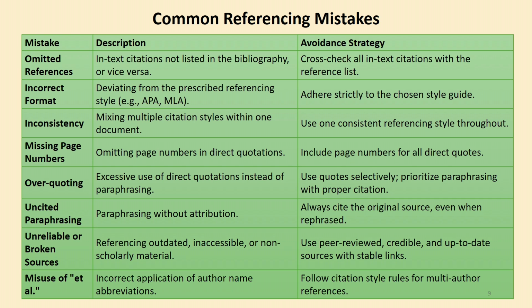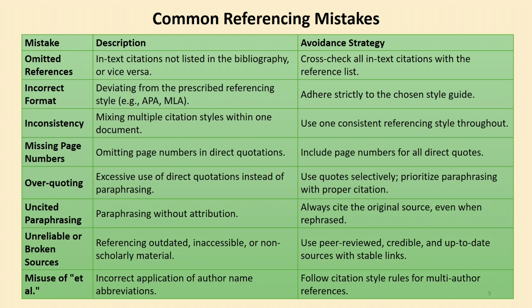Prefer one style, whichever is required and desired by the institution, and do that one. Inconsistency. Mixing multiple citation styles within one document. How to avoid? Use one consistent referencing style throughout.